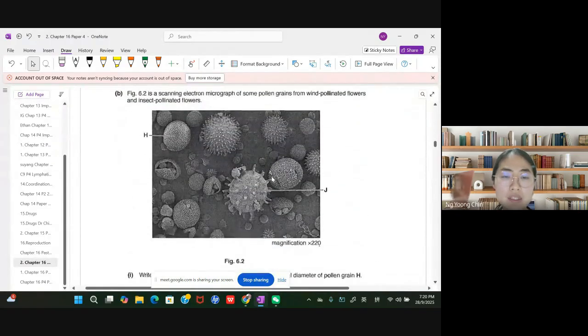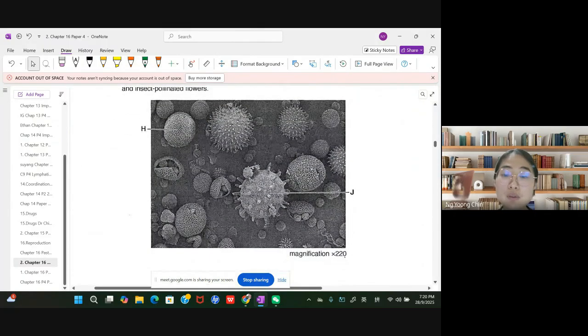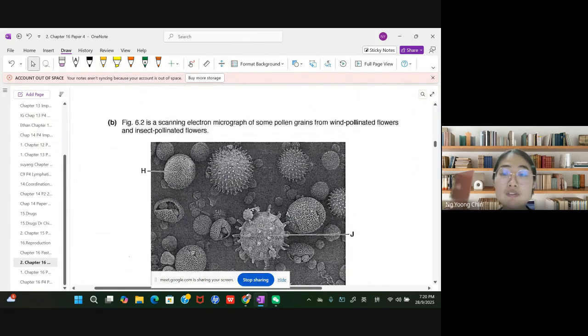And then for this one, this is actually the pollen grains from the wind pollinated and the insect pollinated flower. You should know how to differentiate which pollen grain belongs to which one, either from wind pollinators or insect pollinators. For the insect pollinated, their surface must be spiky, heavy.